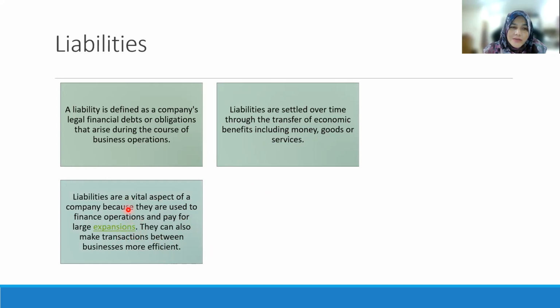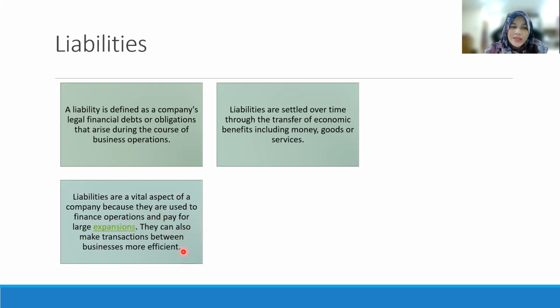Liabilities are a vital aspect of a company because they are used to finance operations and pay for large expansion. So this is what I said. In order to grow the business, we need to get a third party to help finance the operation, and also help us to expand our business.